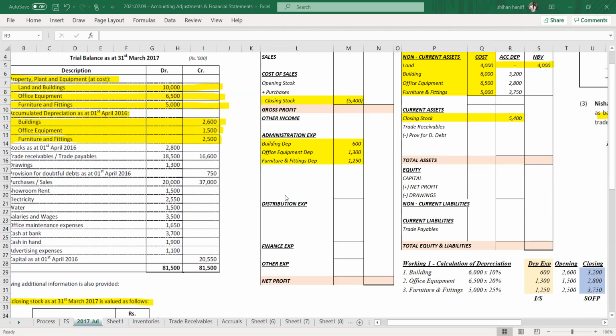NRV calculation I will explain separately. We have to take the lowest of cost and NRV into the account. So here the lowest is 5,400. We took that under current asset and cost of sales. It's the inventory adjustment I will explain.